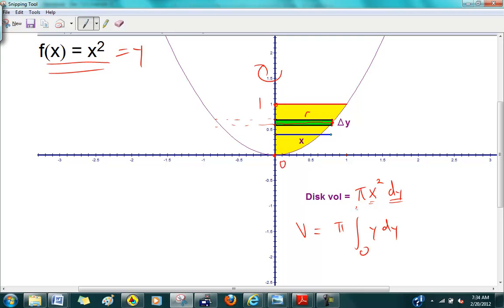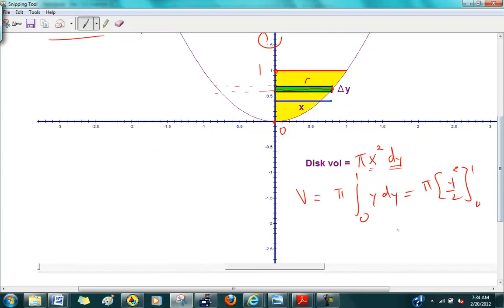You just do it then: you get pi y squared over 2, put in 1 and 0, and your answer is pi over 2 cubic units, whatever the units happen to be.